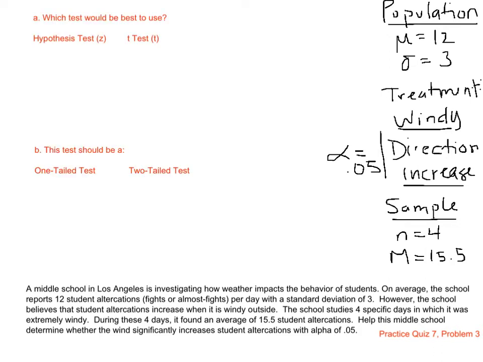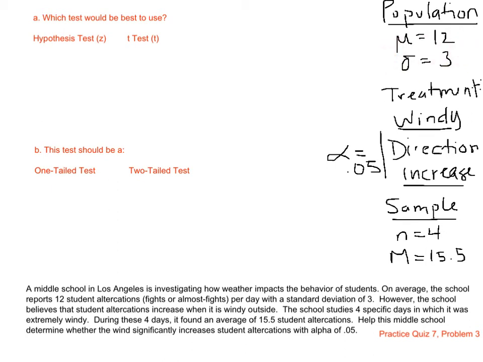I have now placed the first 2 questions of the problem, question A and B. Question A states which test would be best to use, hypothesis test or the t-test. And again, to answer this question, we have to know if my population standard deviation was given. So under population, we did identify a standard deviation. We identified this sigma over here.